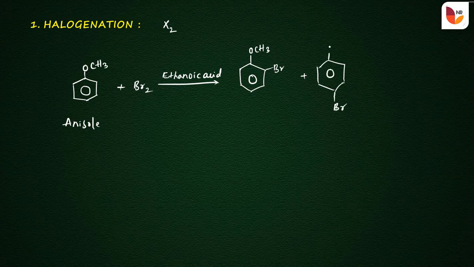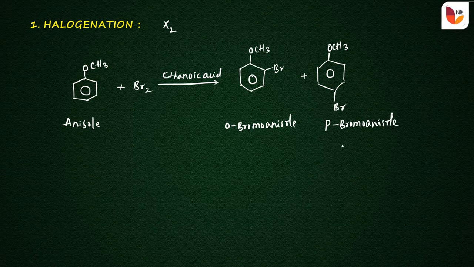So with Br and OCH3, this molecule is called ortho bromo anisole, and here the name of the molecule is para bromo anisole.